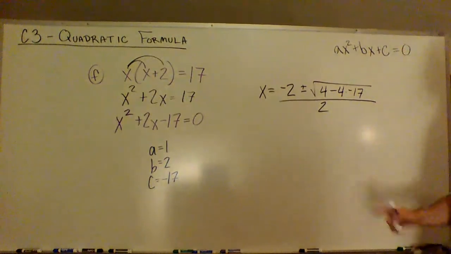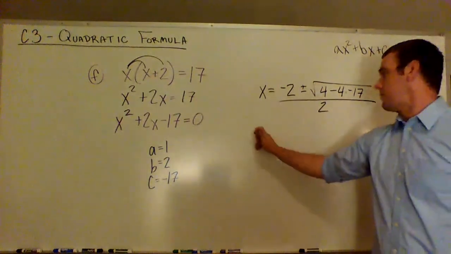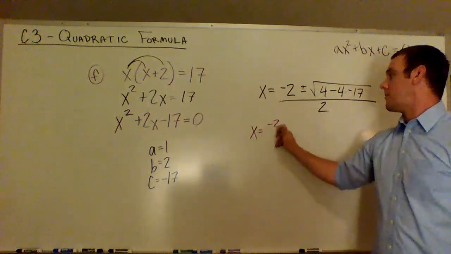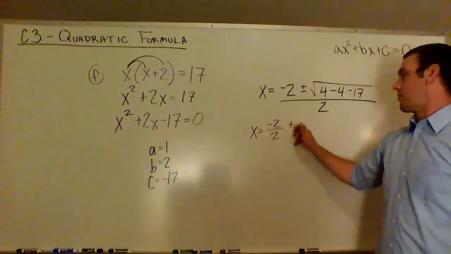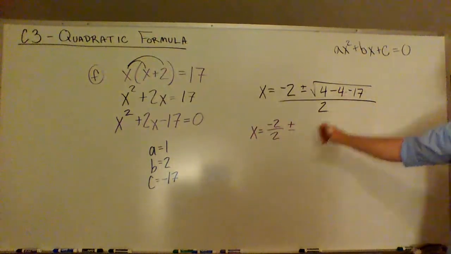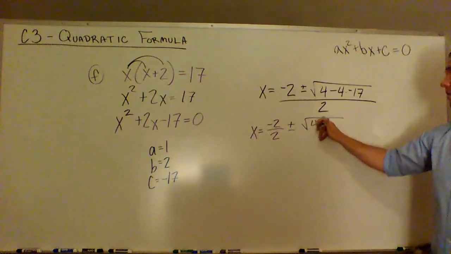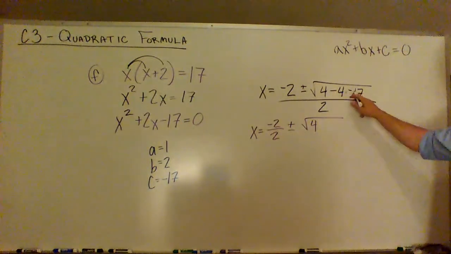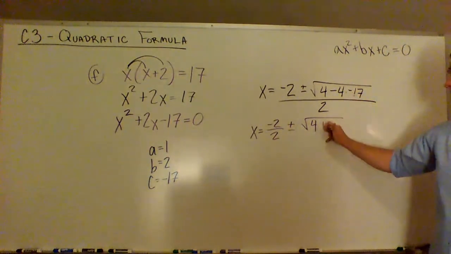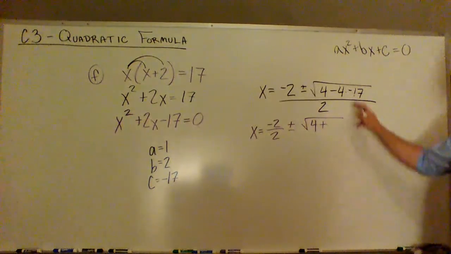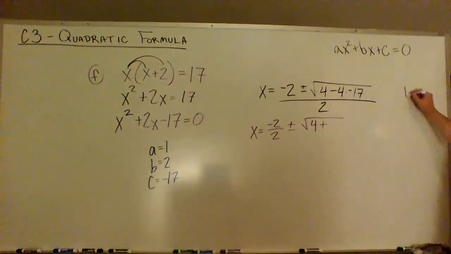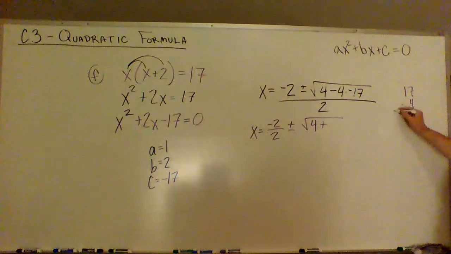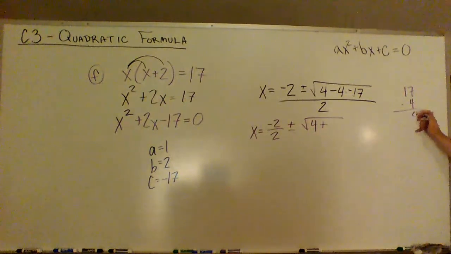Sweet. So we've got negative 2 over 2 plus or minus the square root of 4. A negative times a negative makes a positive. 4 times 17, let's do some math. 4 times 7 is 28.